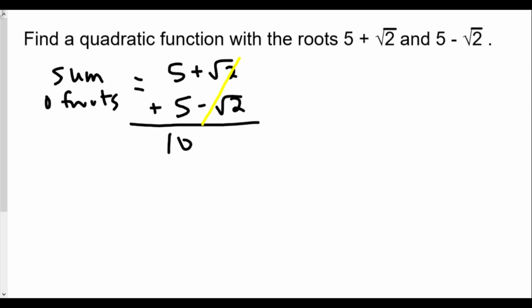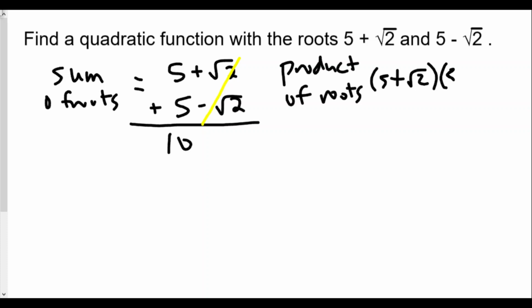With the product of the roots, we have 5 plus square root of 2 times 5 minus square root of 2. They're conjugates, and you will see in this case, when we distribute, we get 5 times 5 is 25. 5 times negative square root of 2 is negative 5 square root of 2.